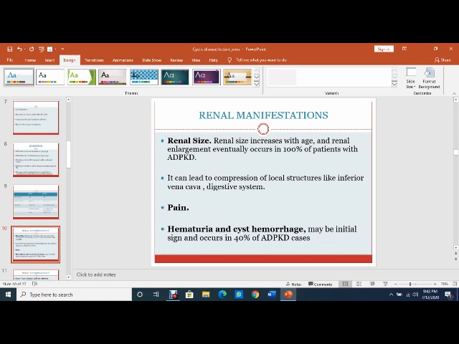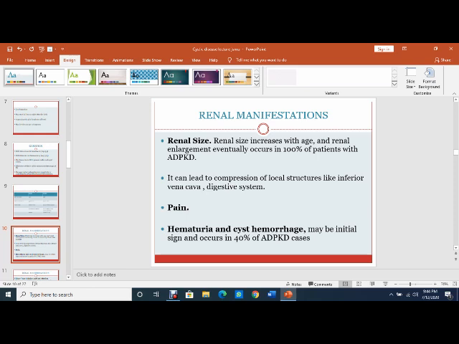Now coming to the presentation: renal manifestations and extrarenal manifestations. What kidney problems occur in autosomal dominant polycystic kidney disease? Renal size increases with age, and renal enlargement eventually occurs in 100% of patients.